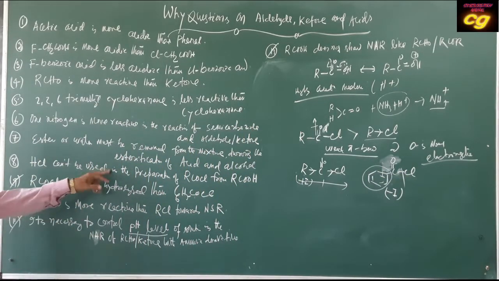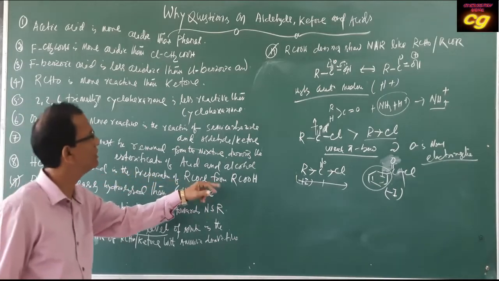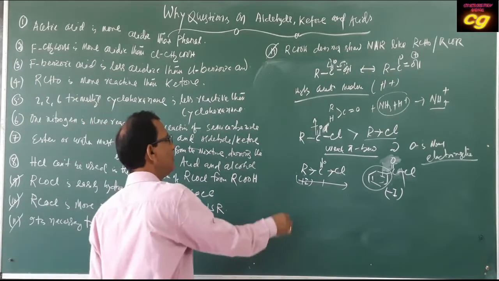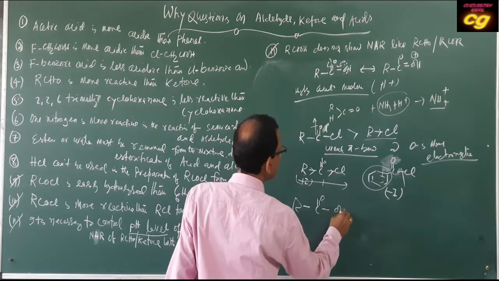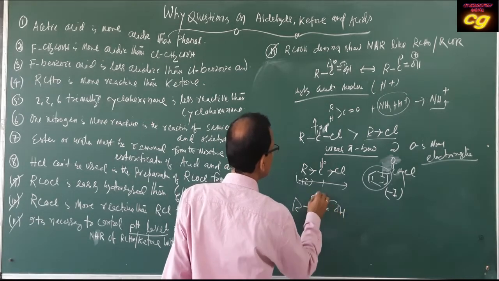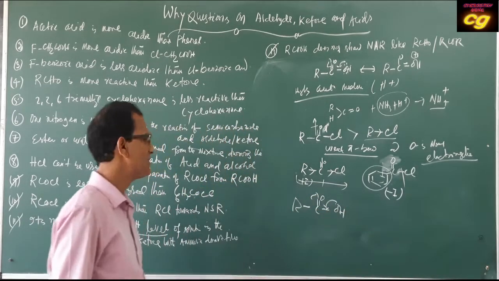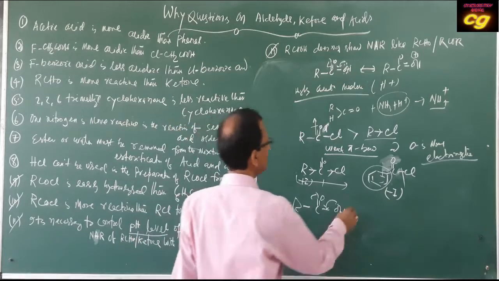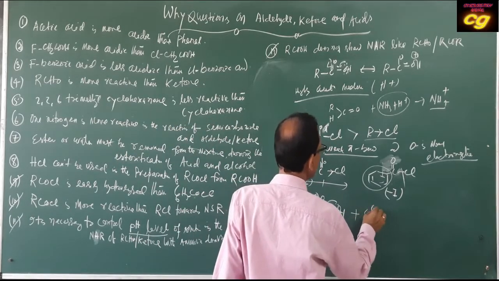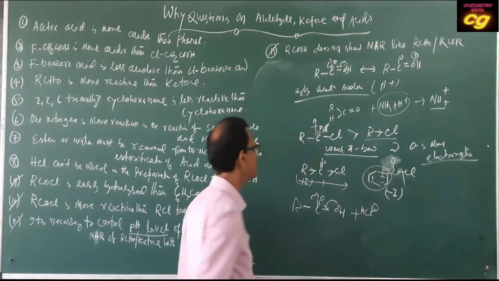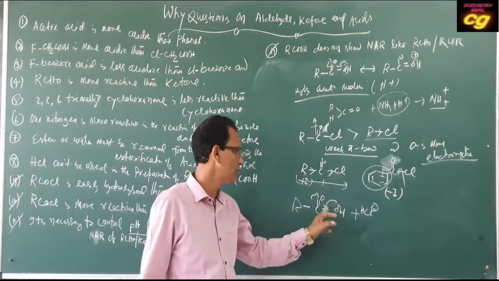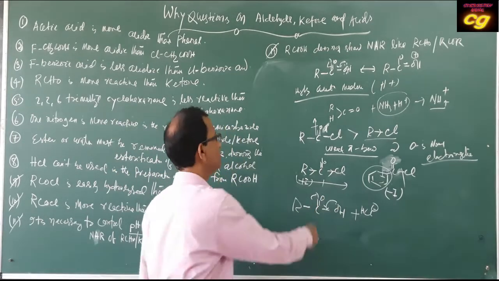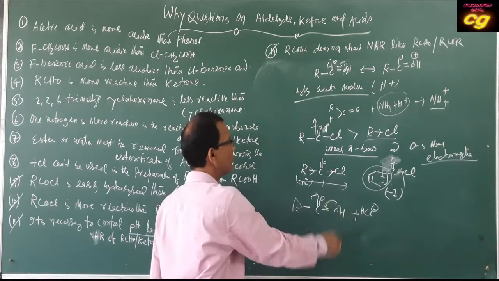HCl cannot be used in the preparation of RCOCl from acid, as already discussed. Here what happens? Due to double bond character of the C-OH bond, Cl cannot be used as a nucleophile. HCl, meaning Cl minus, cannot be used as a nucleophile for breaking the C-OH bond. Due to resonance, it gets double bond character.